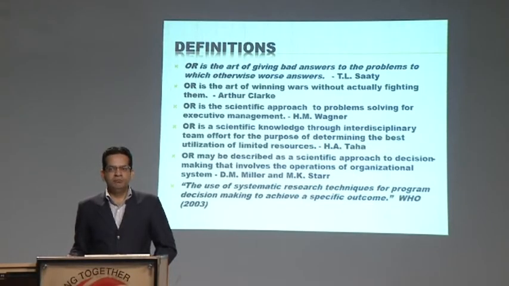Then D.M. Miller and M.K. Starr give the definition that OR may be described as a scientific approach to decision making that involves the operation of organizational systems. When we have a man-machine system, an organized system, then we use OR techniques, which are based on scientific methods, and we find better decisions.